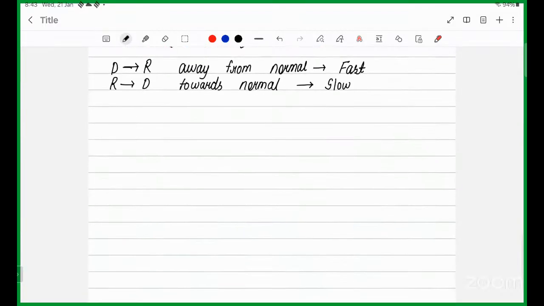Again, there are two laws of reflection here. First one is the ratio of the sine of the incident ray to the sine of the reflected ray is always constant. This is basically also known as Snell's law.